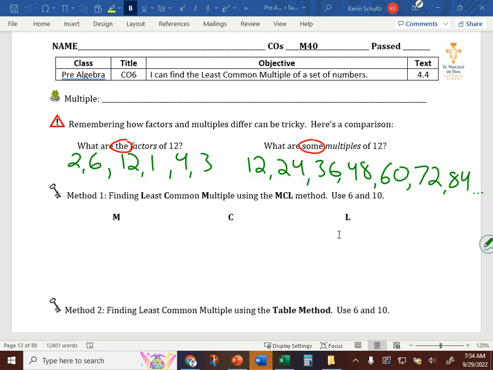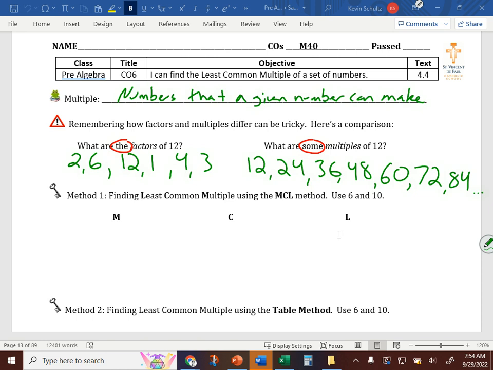A multiple is a number that a given number can make. Our given number is 12. The numbers 12 can make: 12, 24, 36, 48, 60, 72, 84, etc. So that's the difference, okay?